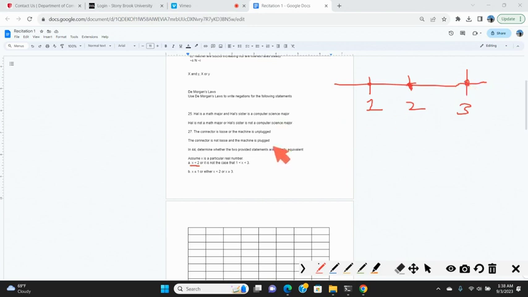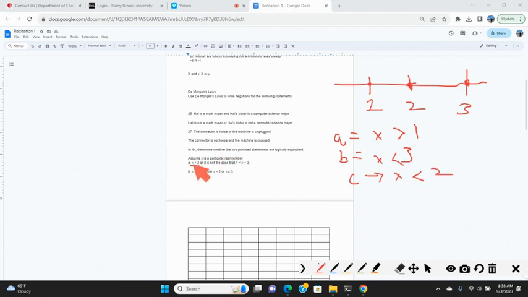turning points. So we can simplify this by letting A be the event that x is greater than 1, B be the event that x is less than 3, and C be the event that x is less than 2.